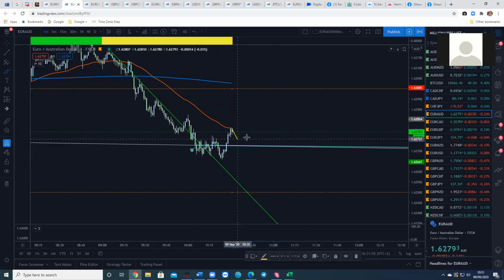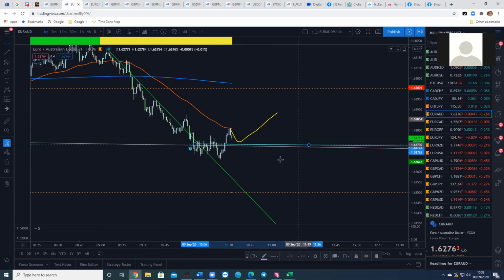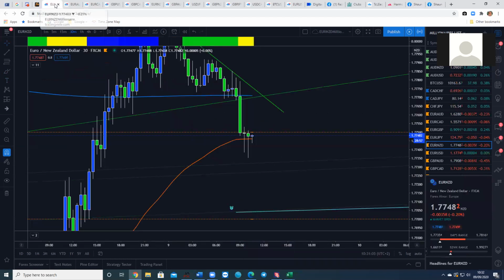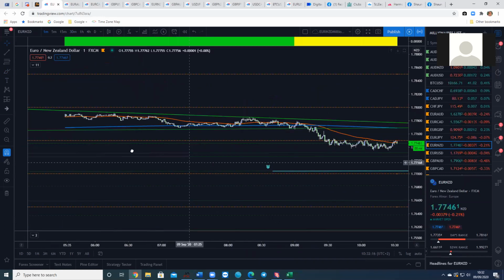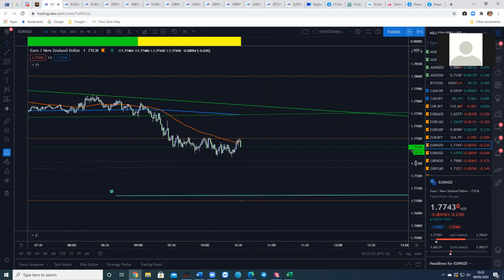So you do need that 62 to be curling round. So I've put the alert right down on the pitchfork on EA, and let's see what happens when that goes off. Come back to the 1 minute on EN. So there it is on the 1 minute. You see it's not liking that level.